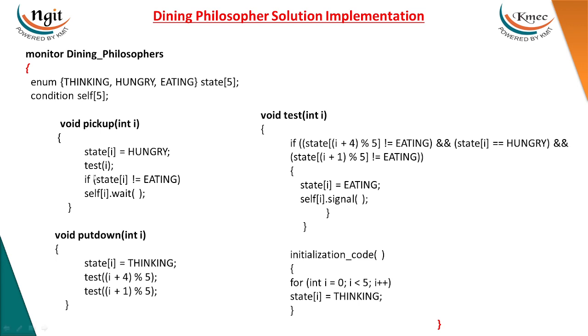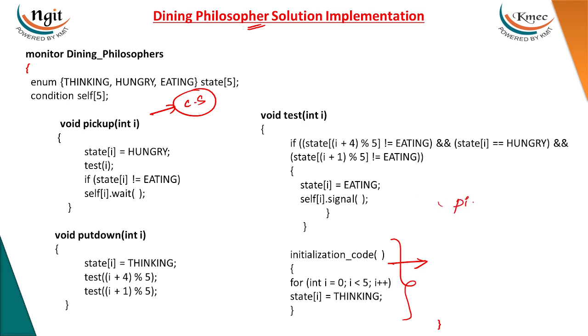So this is the code that is given as the solution for the critical section problem for the dining philosopher problem. So what is the initialization code? Initially all the philosophers are thinking. There are three steps that we have to follow.